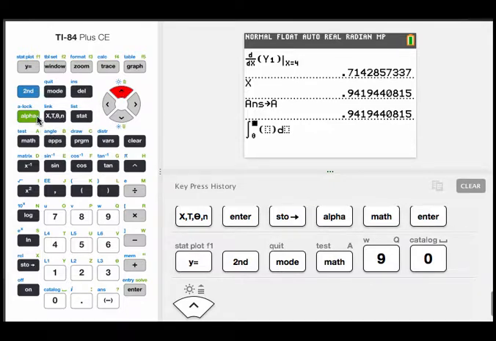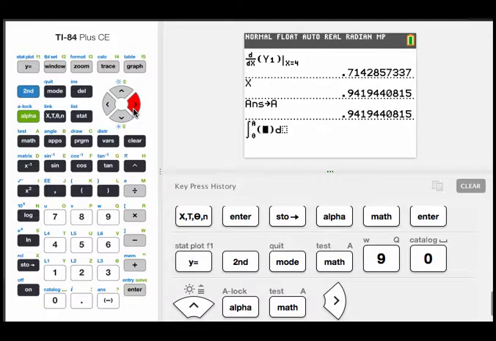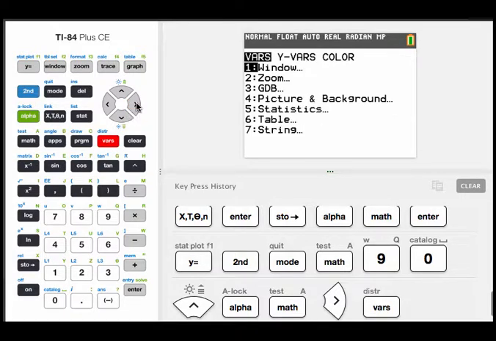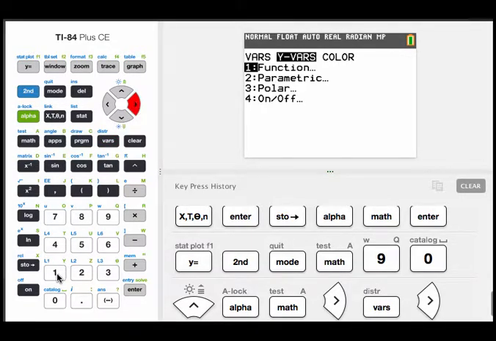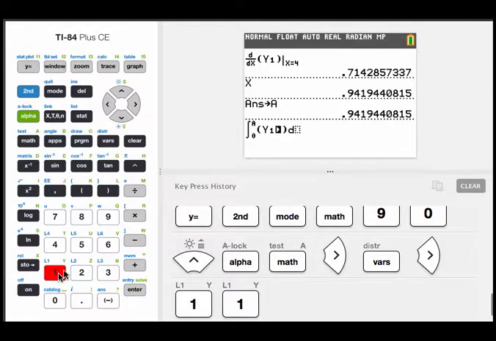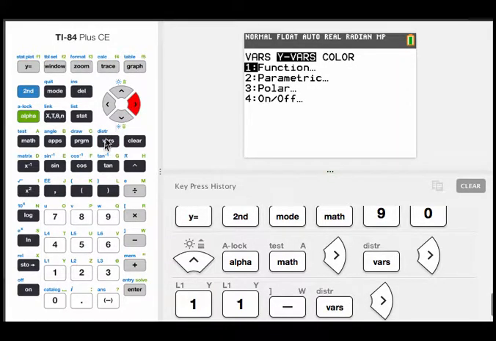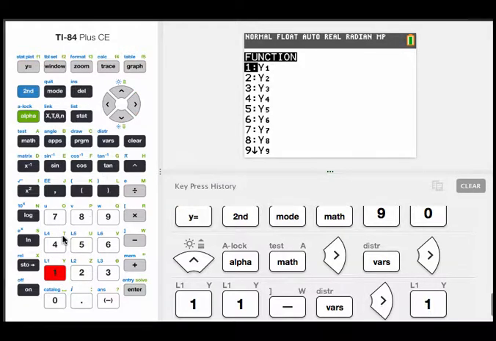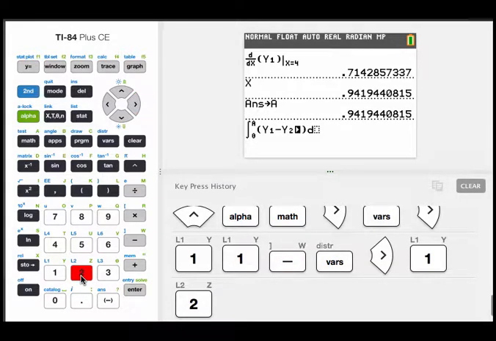So instead of typing that decimal in, I'm going to put in alpha a. And my height is going to be y1 minus y2. So I'll get that from the vars menu, Y-vars function y1 minus Y-vars y2. I'm using x as my independent variable. Hit enter.